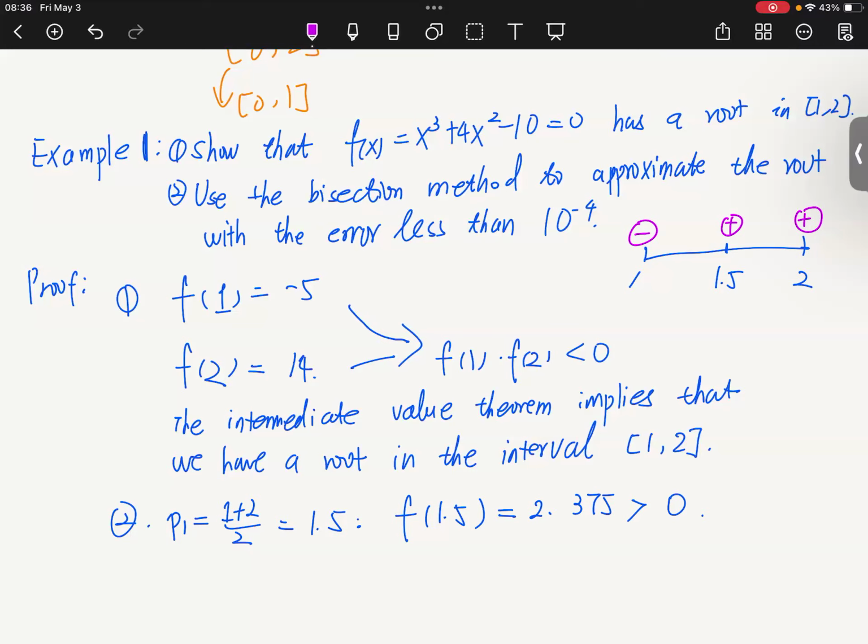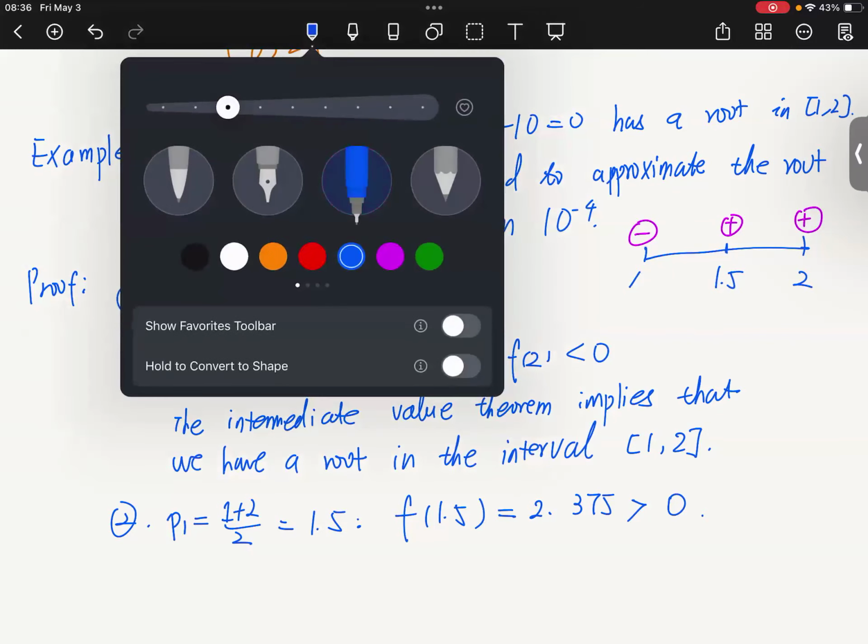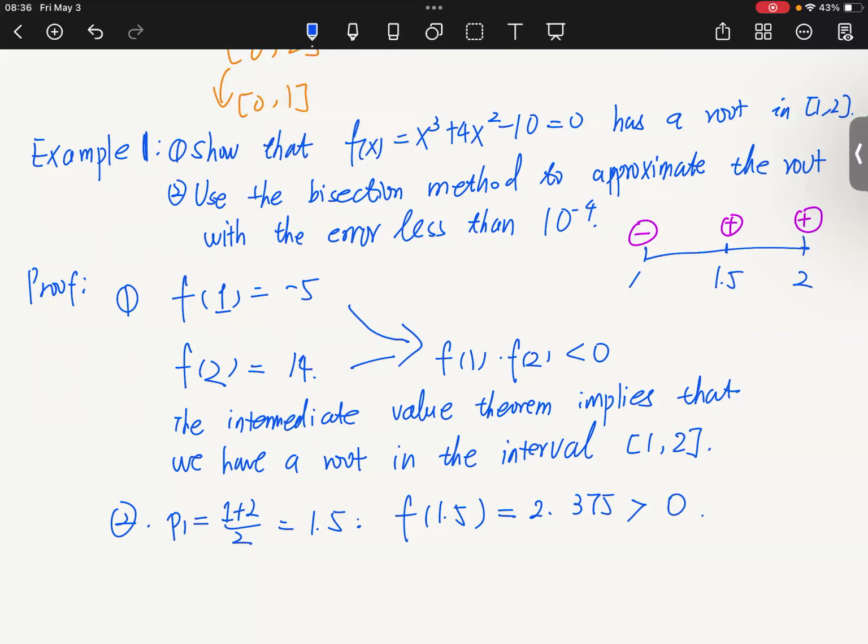And so now, because f(1) and f(1.5) have opposite signs, I am going to set A2 equal to 1 and B2 equal to 1.5.